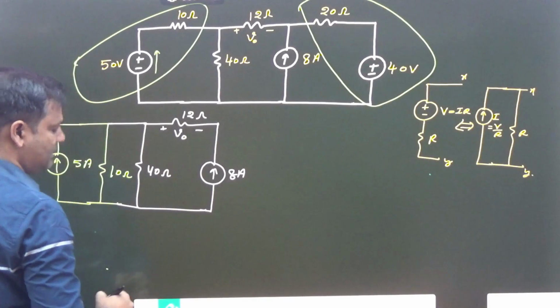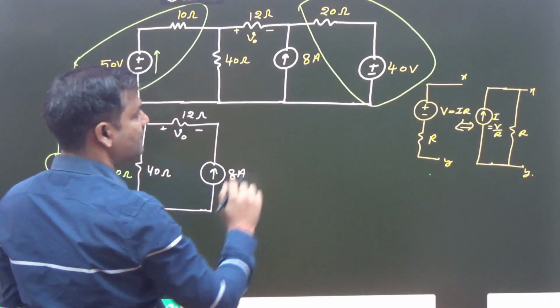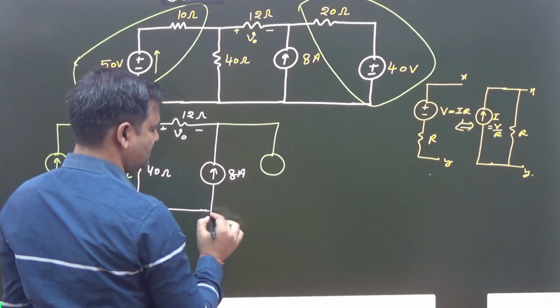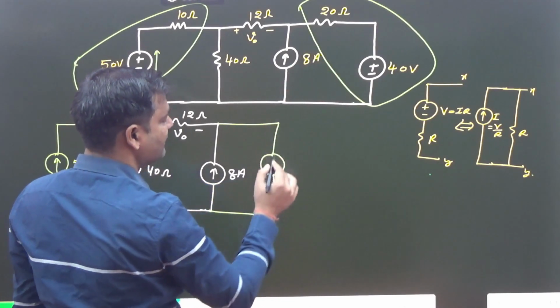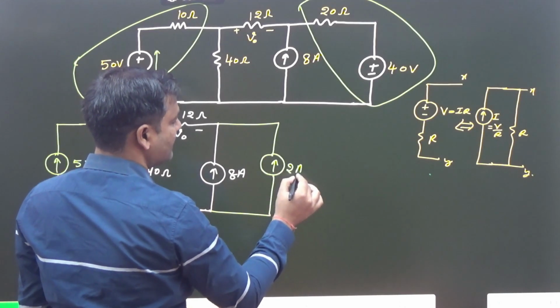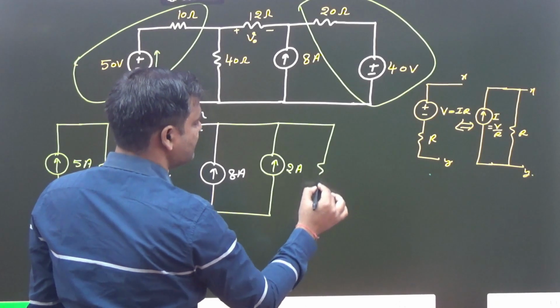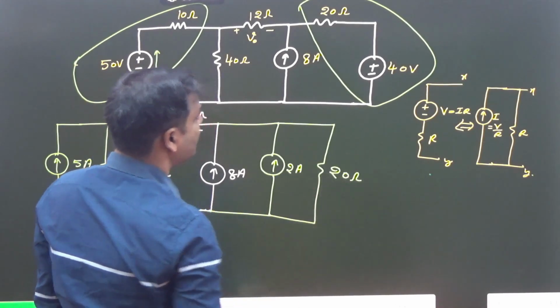Okay, after that, that one also is converted into a current source, so make 40 divided by 20, that is how much? 2 ampere. Okay, and what about the resistance? Simply that is 20 ohm. Clear?